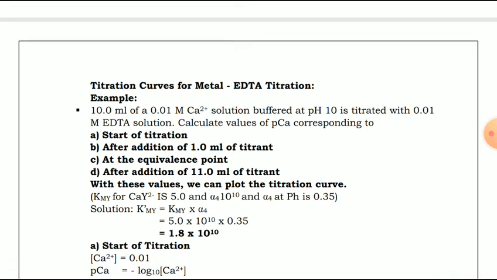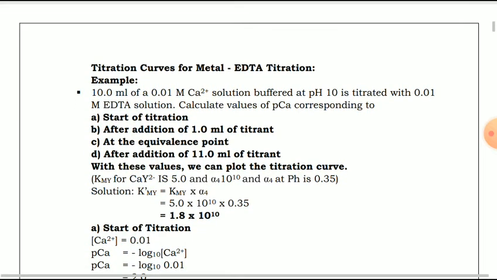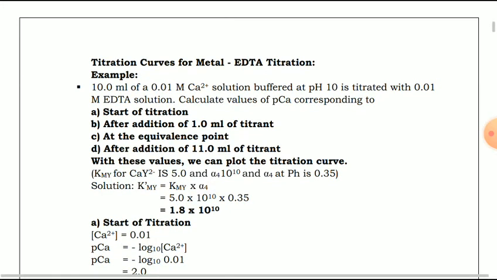Then pCa is equal to minus log of the concentration of the calcium 2+ ion, that is minus log 0.01. When we take the log of this, we will get the value 2. That is, pCa is equal to 2 at the start of titration.